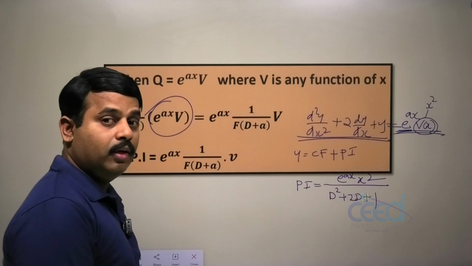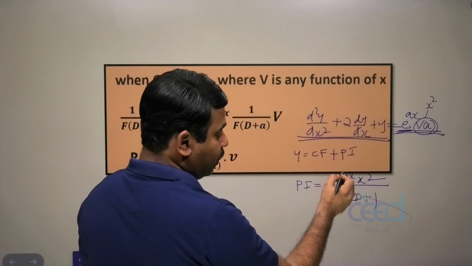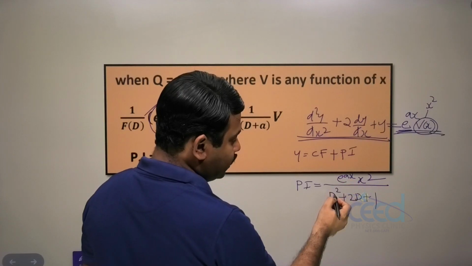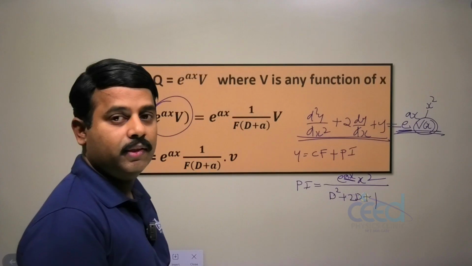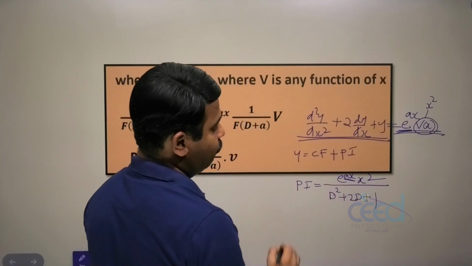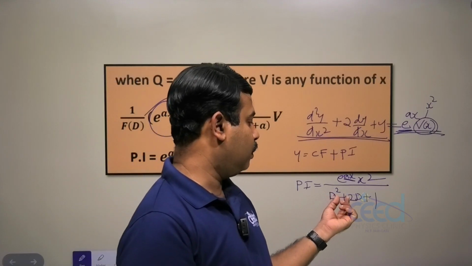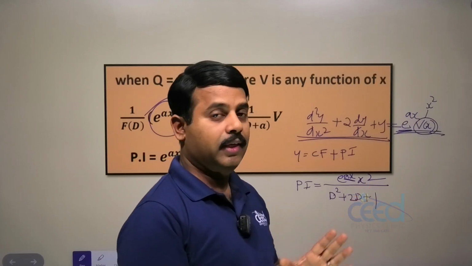Alright, understood? Now first you have to add this a here, the coefficient of x in e power x. This power is a, that you have to add here first: d plus a the whole square plus 2 into d plus a, right?